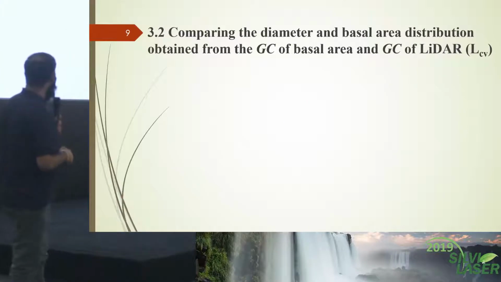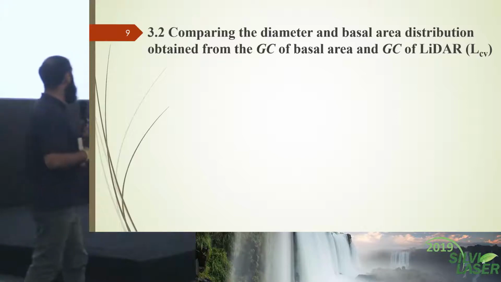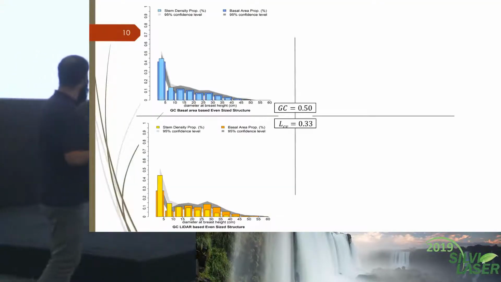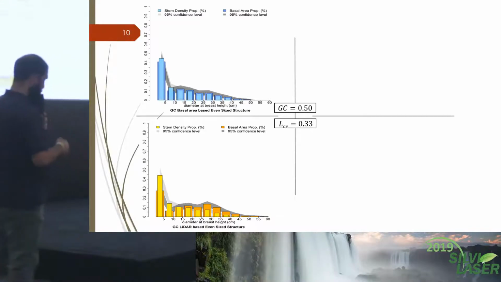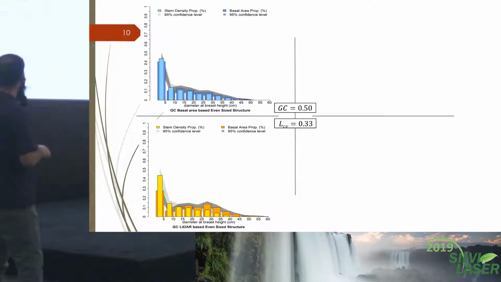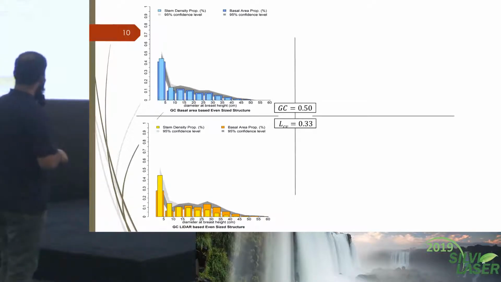Then we compared the basal area and diameter distribution obtained from the GC of basal area and the GC of LiDAR. At the top we have the GC basal area based even size forest structure, and at the bottom we have the GC LiDAR based even size forest structure, and we can see that the basal area and the diameter distributions are quite similar.